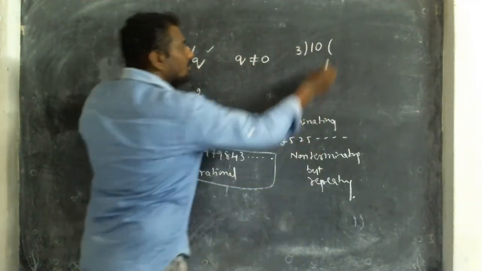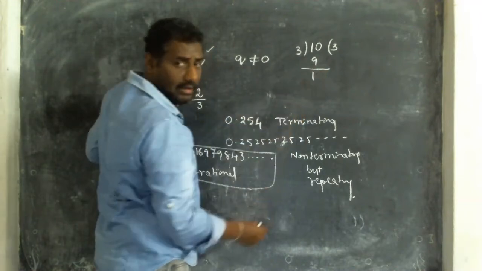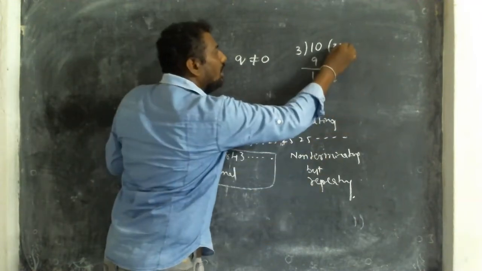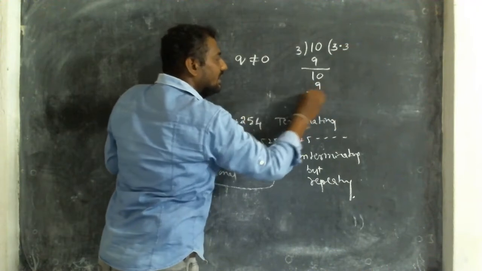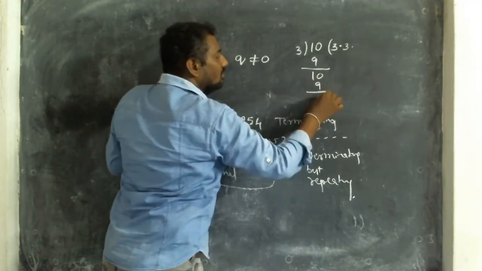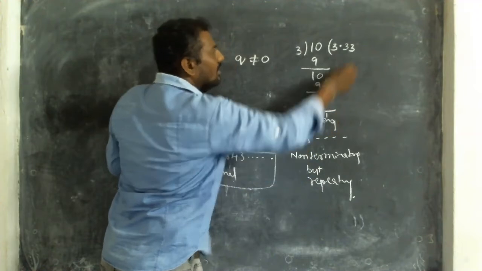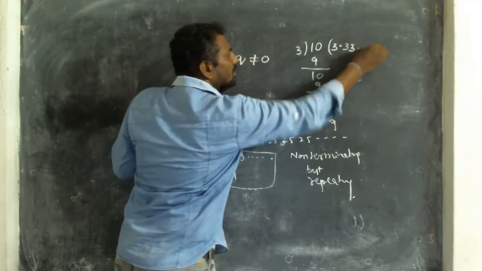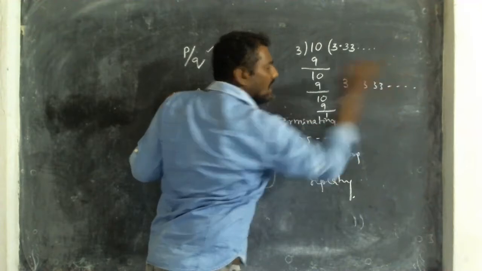10 by 3. 3 3s are 9, remainder 1. Put 0, again 3 3s are 9, again 1. So which number is going to be repeated? 3.3333 and so on.